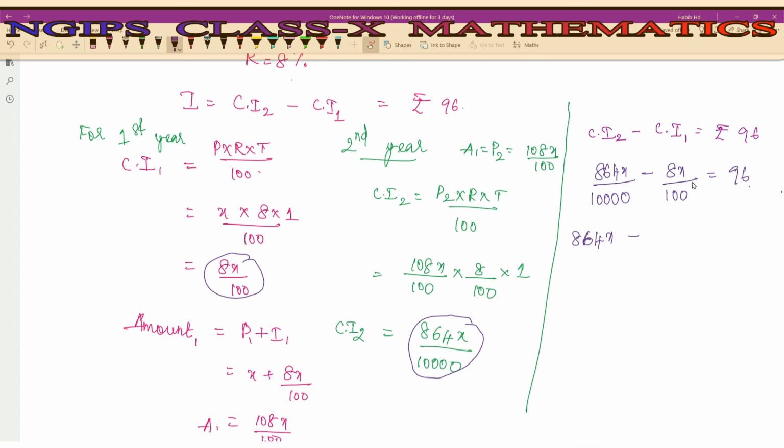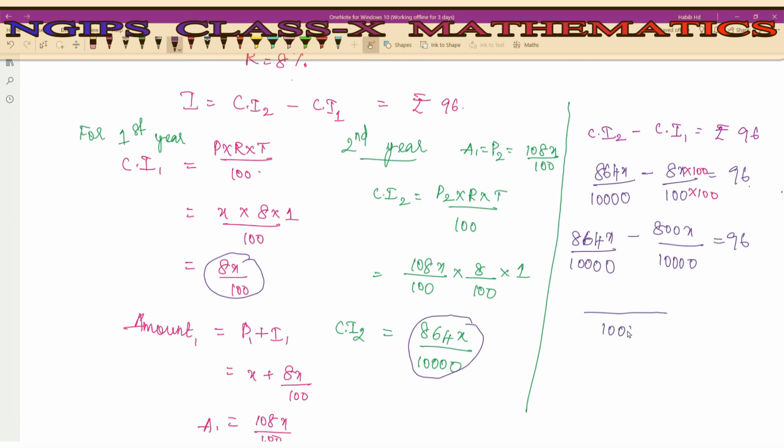We need 4 zeros in the denominator, so I can multiply both numerator and denominator by 100. If I multiply, we get 800x divided by 1 followed by 4 zeros, and here also we have 1 followed by 4 zeros, equal to 96.